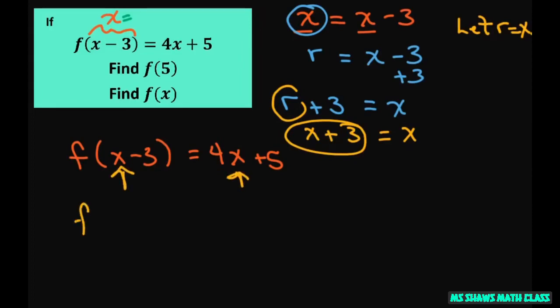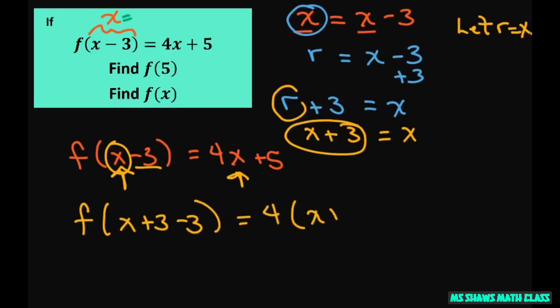So you get f, for this x, you're going to instead put x plus 3, and then write your minus 3 equals 4 times x plus 3. That's for that x, plus 5.